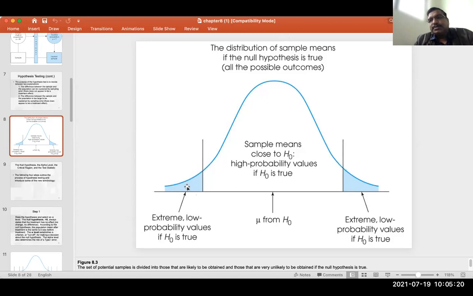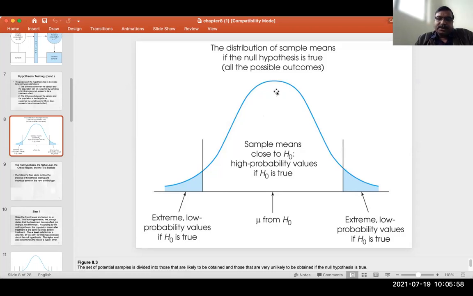I already know that there should be two hypotheses with each claim, each statement. We are going to make two hypotheses. One is the null hypothesis, another is the alternative hypothesis. And generally we have two possible outcomes: either the null hypothesis is rejected or we fail to reject it, right?